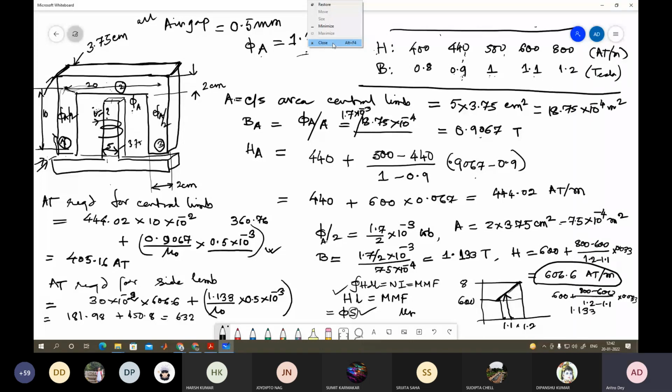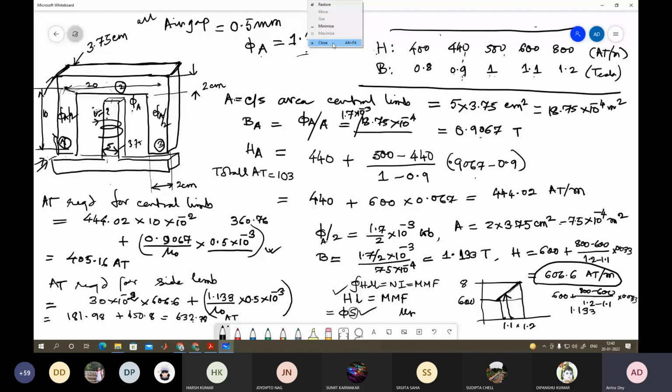So now for the total, what is the MMF required? MMF for the central limb is 405.16 and 632.78 for the side limb. So as a whole, total AT is equal to 1038.